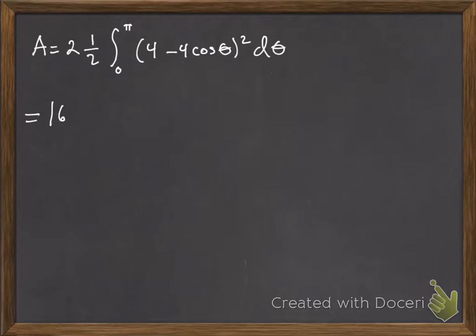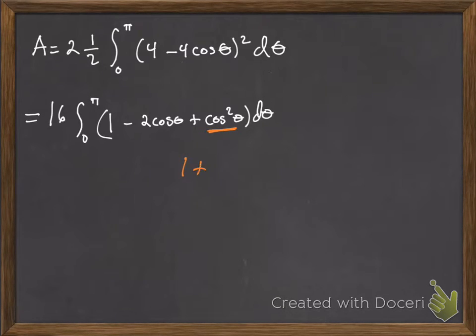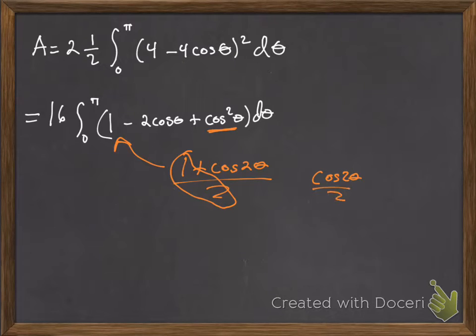It's going to be 16 integral from 0 to pi of 1 minus 2 cosine theta plus cosine squared theta d theta. Now the cosine squared theta gives us 1 plus cosine of 2 theta over 2. So we grab the 1/2, which joins the 1 and makes it 3 over 2, and we still have cosine of 2 theta over 2 left over. So we have 3/2 minus 2 cosine theta plus cosine 2 theta over 2.